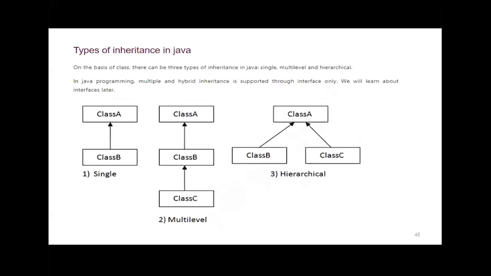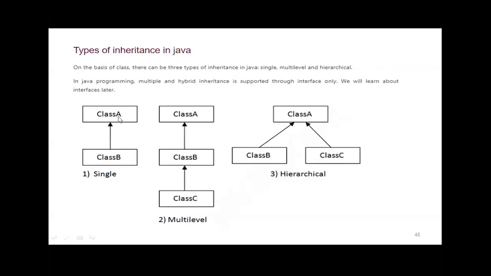Now, move to this slide. Guys, this is a hierarchy. So this is a type of inheritance. What is single inheritance? Remember one point, when we have exactly two classes, the first is the parent class, the second is the child class.